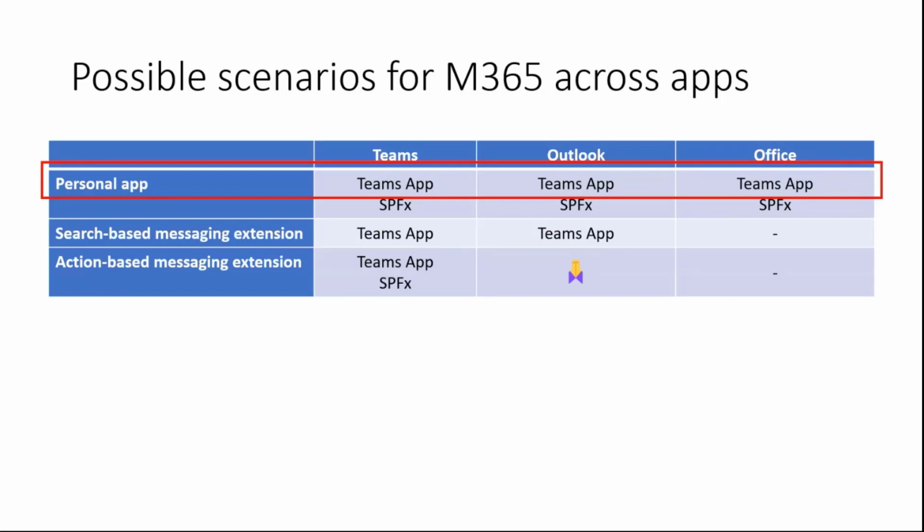I'm currently working on a sample using that. You can also realize it with SharePoint Framework and Teams in parallel. In Teams there is the action-based variant of messaging extensions. This is a bit richer. And I'm really, really praying for this to come to Outlook as well.